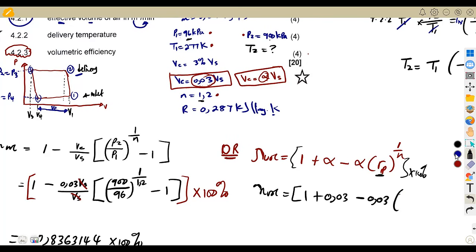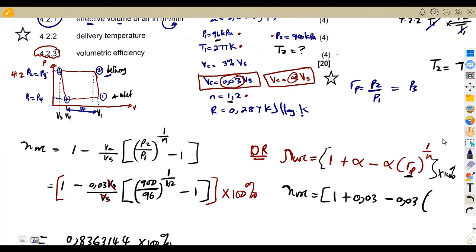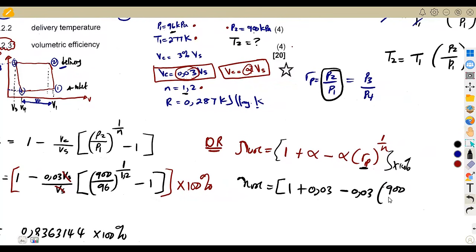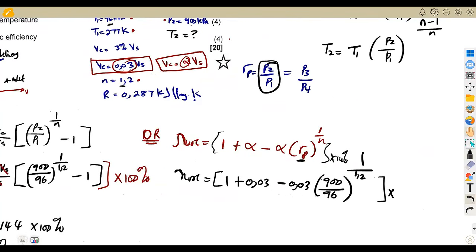Remember I said RP is P2 over P1, but remember that P2 is equal to P3 and P1 is equal to P4, so you can take it from what you're given. Since here we are given P2 and P1, we just use them as they are: 900 over 96, to the exponent of 1 over n, whereby n is 1.2. That's how we obtain our efficiency.